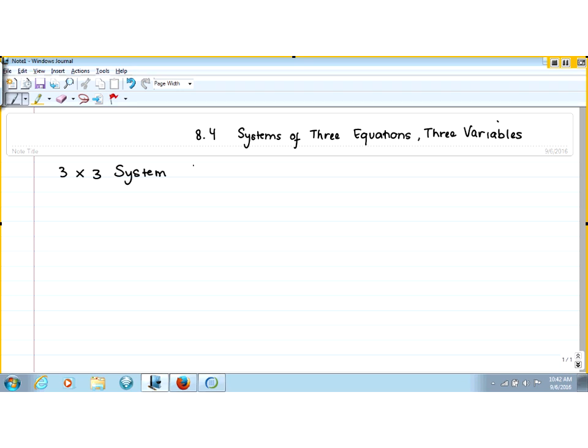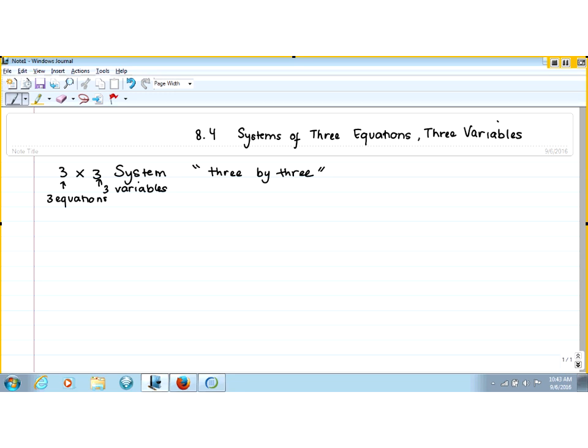So let's read it as 3 by 3, not 3 times 3. And when we say 3 by 3, what does it mean? 3 equations and 3 variables.